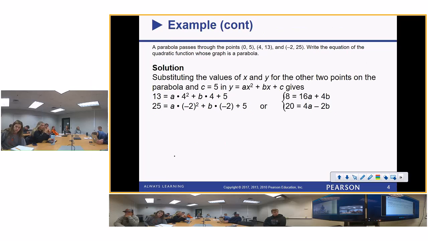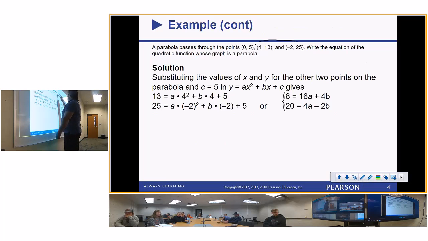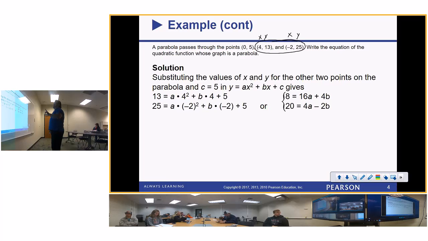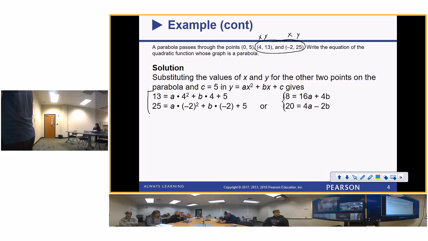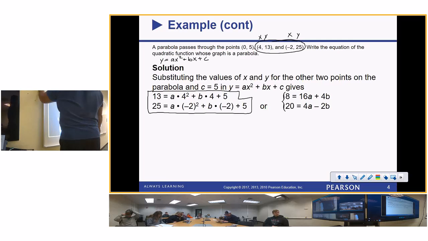So I'm going to take the 2 points right here, which is x and y, and plug those in with c equal to 5. So that's what they did right here. So y is equal to ax squared plus bx plus c.